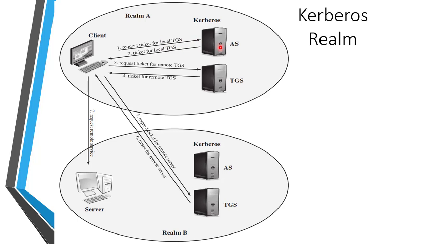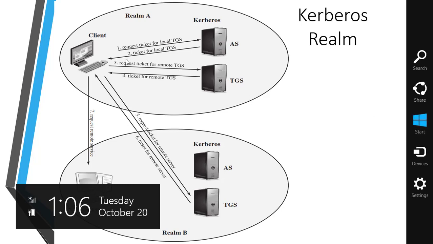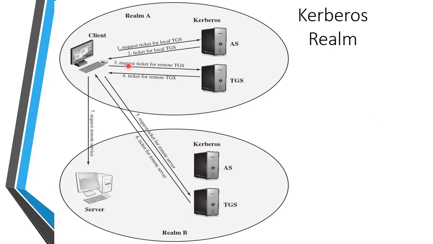Now the authentication server will provide the local TGS ticket to the client. After that, using this ticket, the client will request the service ticket for the remote TGS, because it wants to use another network or the remote TGS service. The local TGS will provide the ticket for the remote TGS.